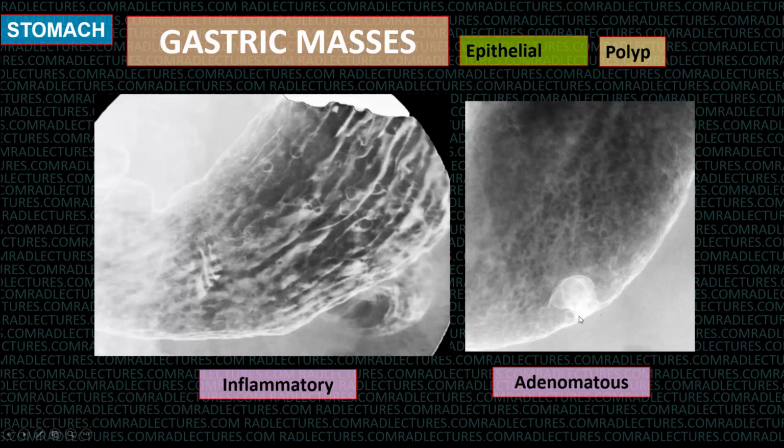Whereas adenomatous polyps, they are located in the antrum, and they are usually solitary. So if it's a single polyp, and they're larger too. So single large polyp in the antrum is adenomatous, and these polyps can develop into cancer. Inflammatory polyps do not.